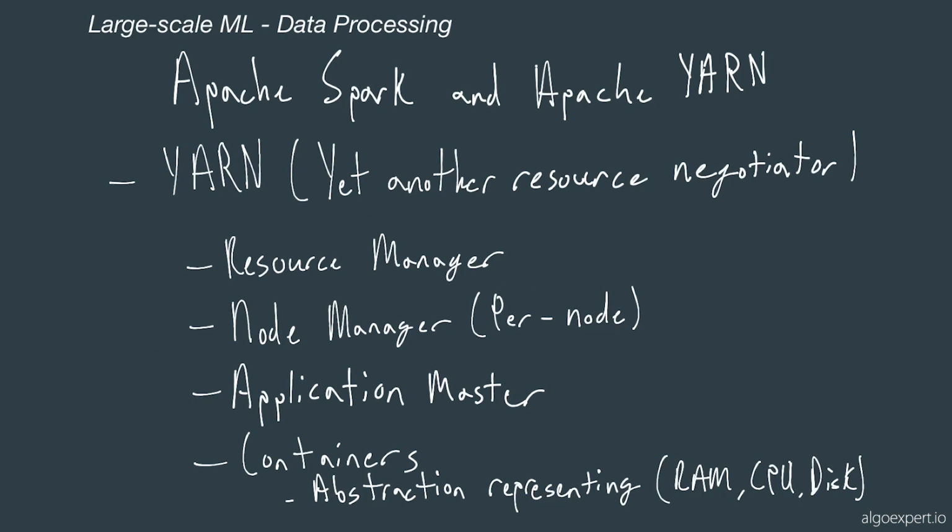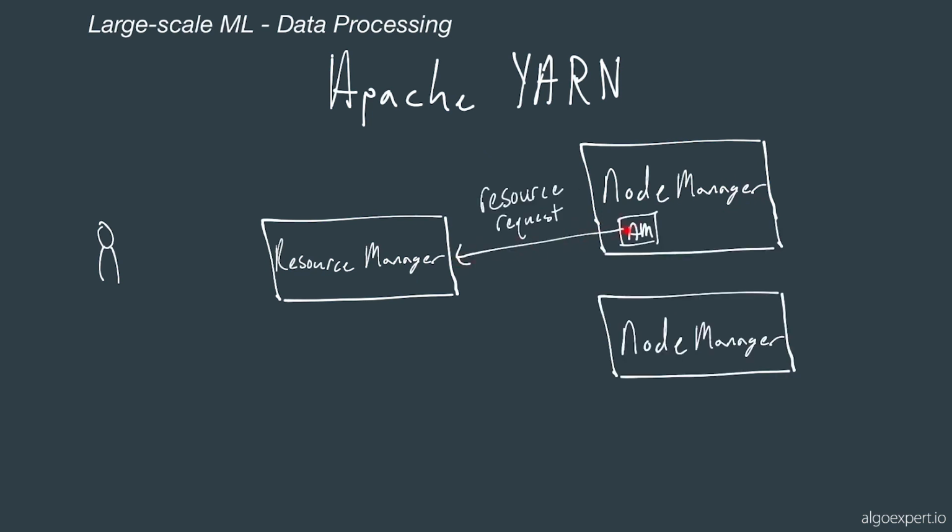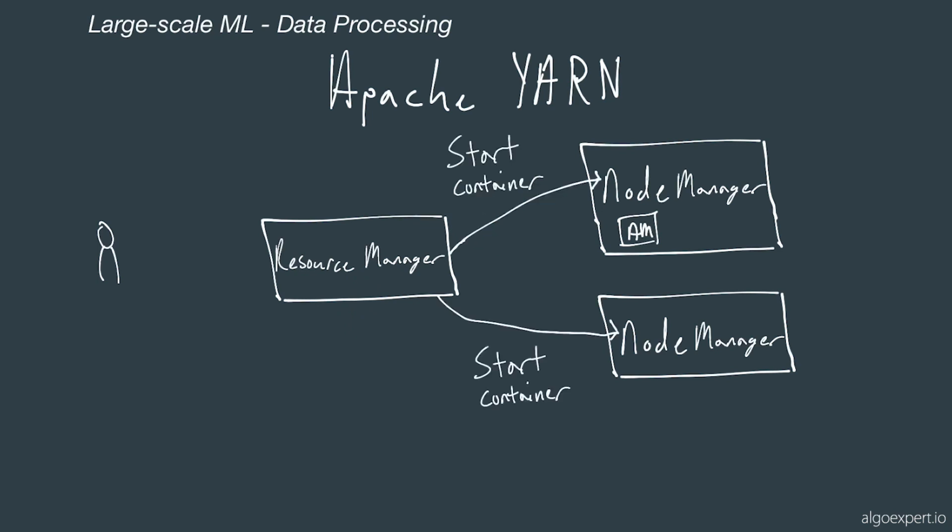Let's see how all these actually work together. So here, we're going to have a client who's using Apache Yarn. They're going to submit a job to a resource manager. The resource manager will start a container or an application master here on the node manager, and then that application master can then ask for more resources from the resource manager.